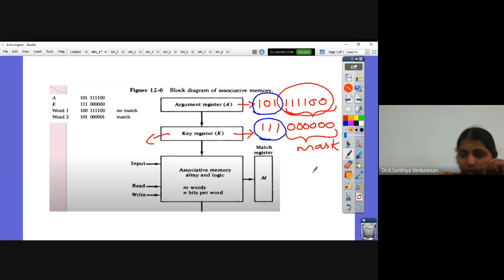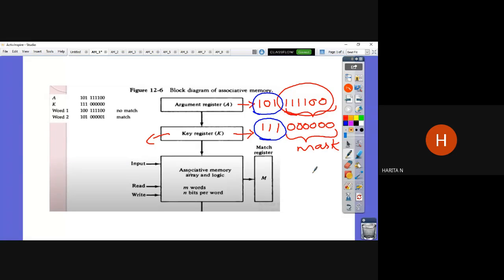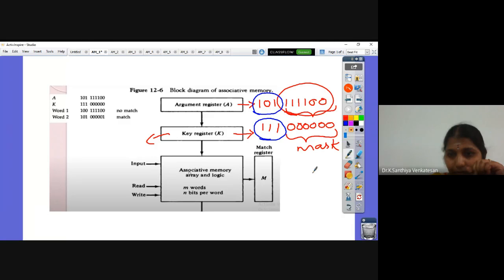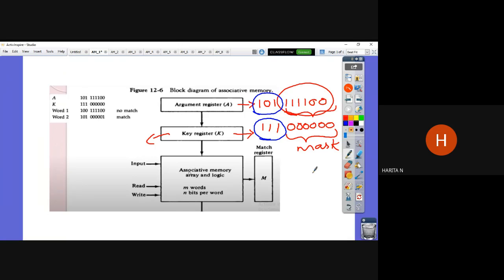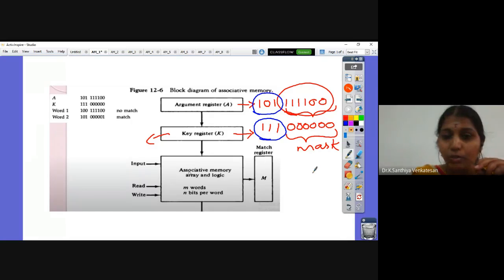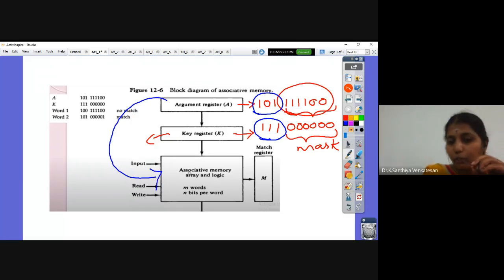Because there is one in the key register, ma'am. The first three bits value is one. Exactly. Because only the first three bits of your key register carry the value 1, that is the reason why we take only the first three bits in the argument register and compare the word with that of the associative memory.